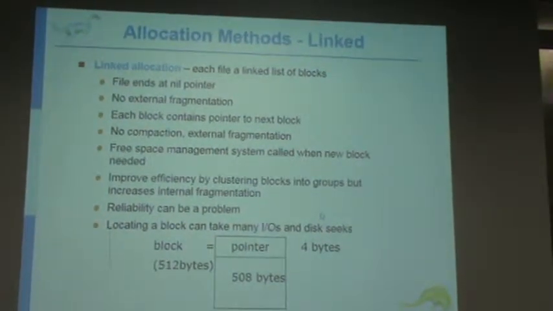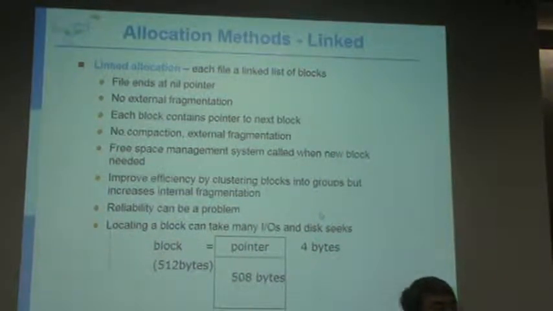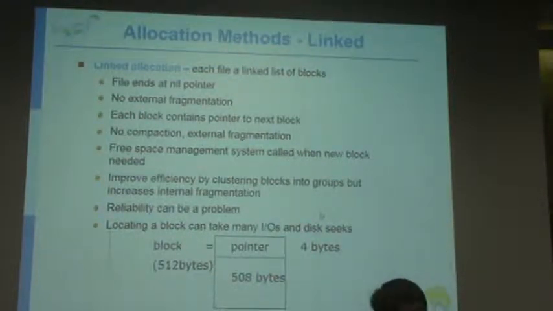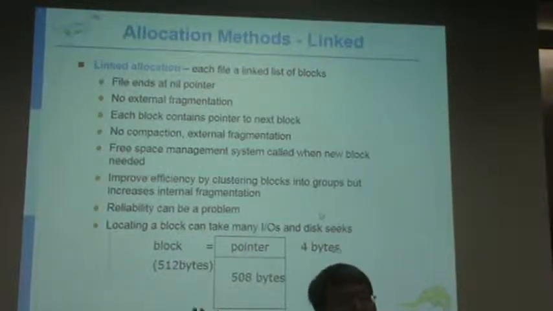Another approach to allocate free blocks is linked allocation. It's like the linked list that you learned in the algorithm class, where each data item has a link to the next item. When you search the data, you start from the beginning and travel until you get the data.